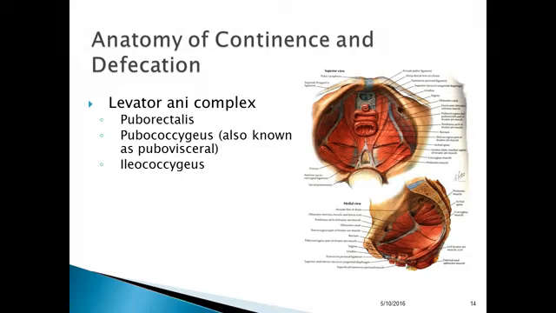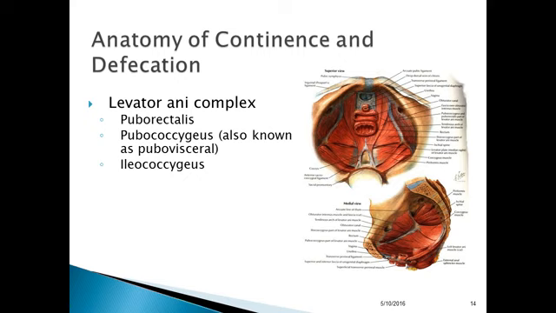As stated on the prior slide, the levator ani complex consists of iliococcygeus, pubococcygeal, and puborectalis muscles acting as a single unit. These muscles stretch across the pelvis and form a diaphragm that lifts the anus, vagina, and urethra and pulls them forward.